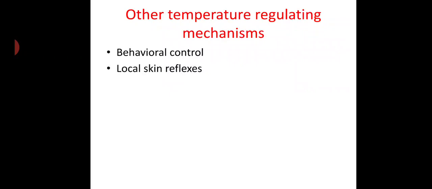Similarly, if you put your other hand in hot water, in that particular hand your blood vessels will undergo vasodilatation. So our skin will produce a local response. Our exposed parts of the body, especially during the winter months, will do vasoconstriction, and it is very important to regulate our body temperature. So with this, we have finished all the temperature regulating mechanisms.